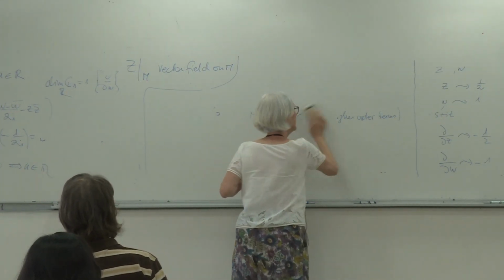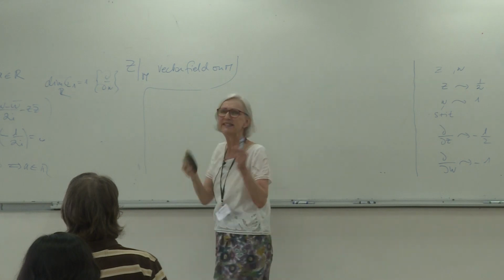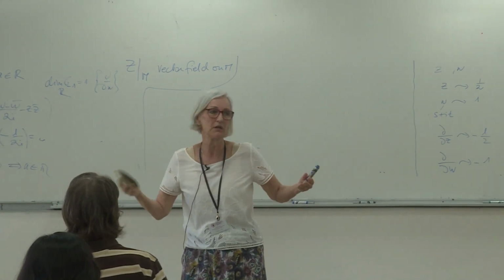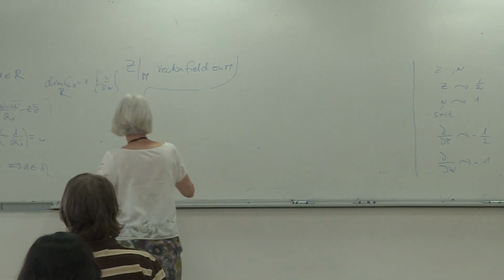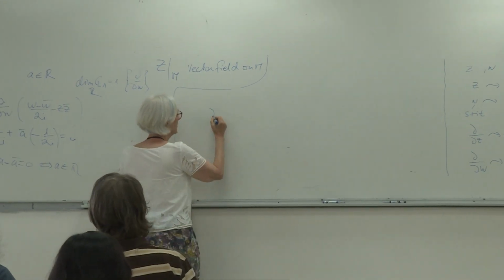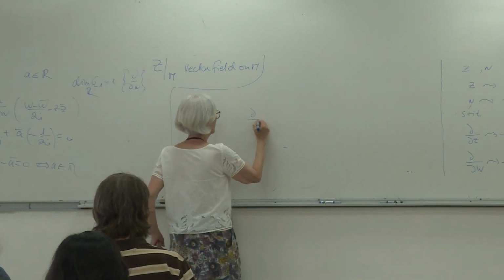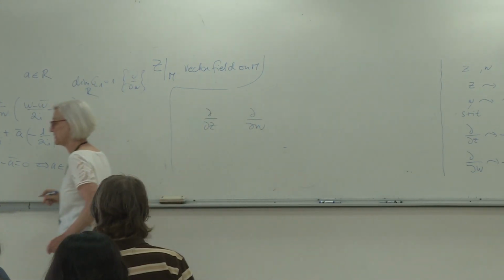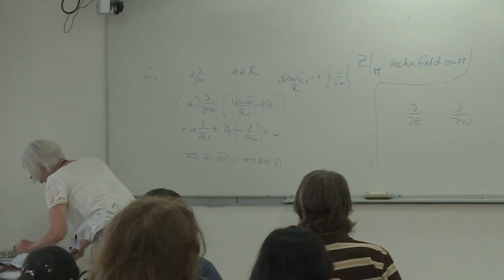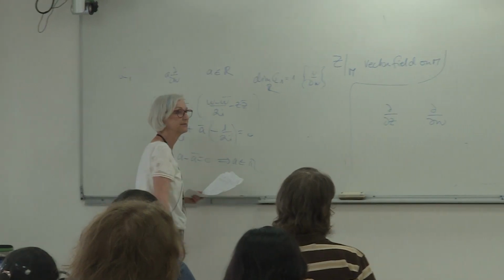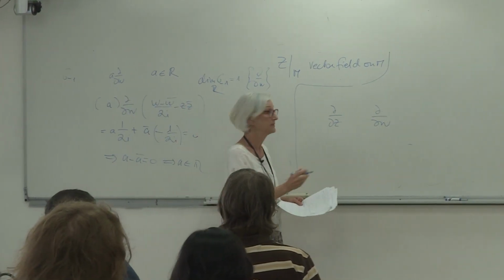So in the ddz, what can you have? You have always ddz and ddw. If you had more Z, it will be a mess. So to expect something which is of weight minus 1 over 2, what do you put in front of ddz? What are the possibilities? Just a number.